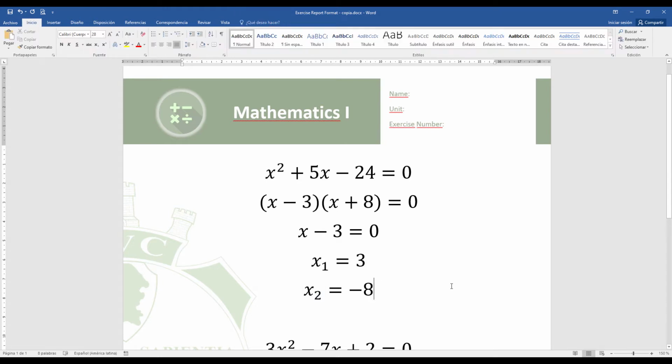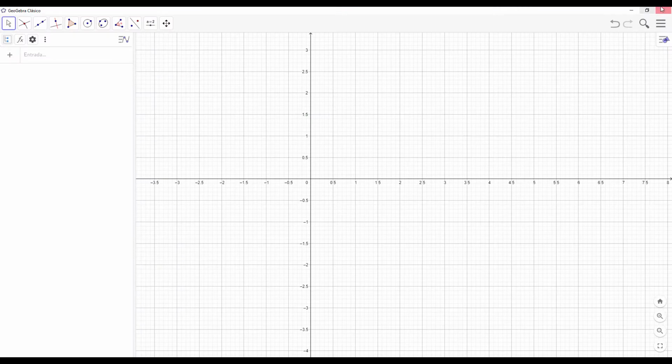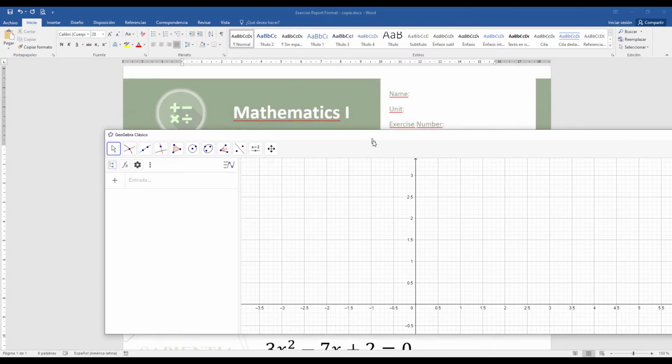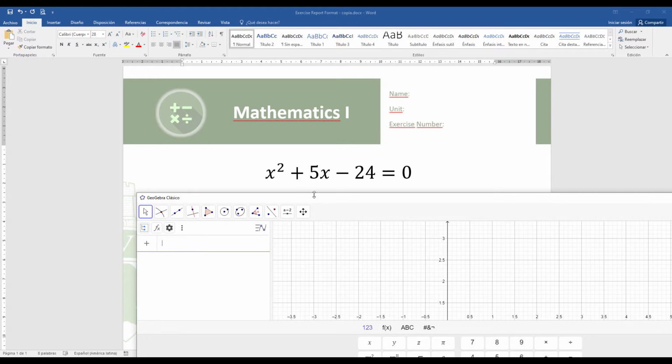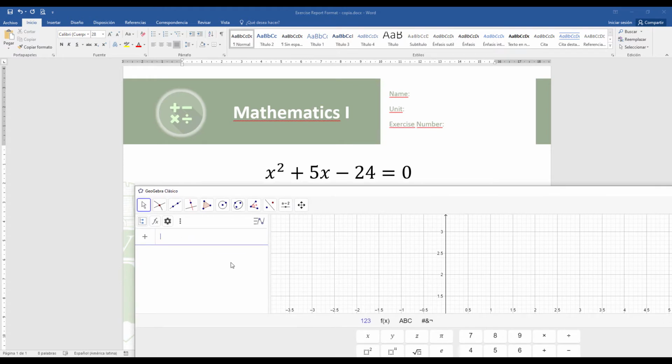Now you need to check that. I will create the graph. So this is x squared plus 5x minus 24.